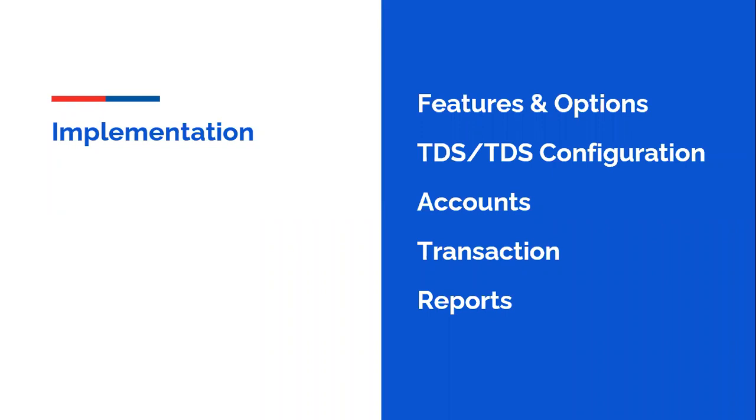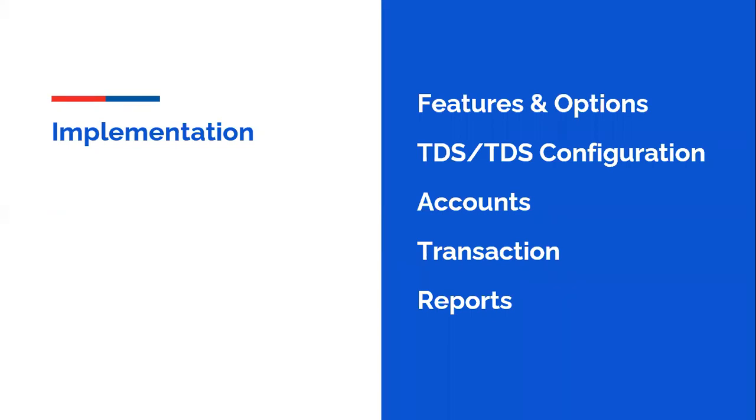And accounts: basically, in the BUSY account master we create our party. In the party we need to enable TDS if we want to make that party deductible for the purpose of TDS, or make that party eligible for collecting TCS. In that scenario we have to enable TDS or TCS in the party master also.